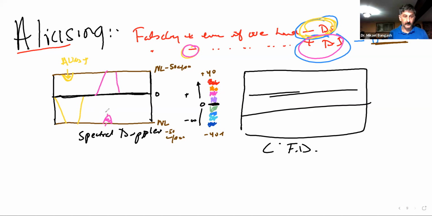This one here will be the aliasing. Did that make sense?